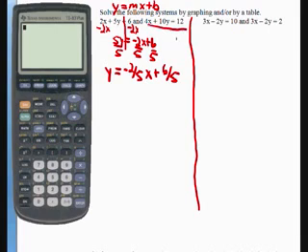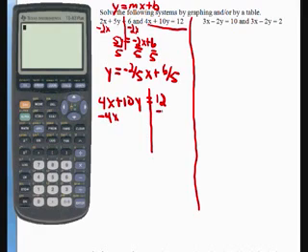Let's look at our second equation. 4x plus 10y is equal to 12. Kind of the same sort of steps. You subtract 4x, and you get 10y is equal to negative 4x plus 12.